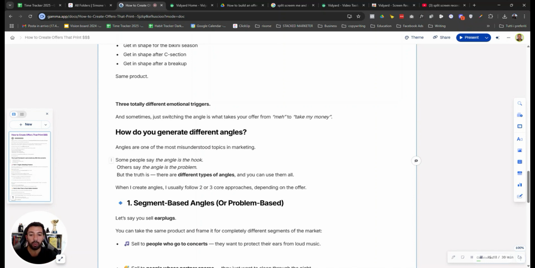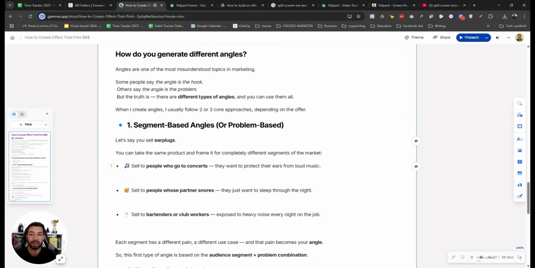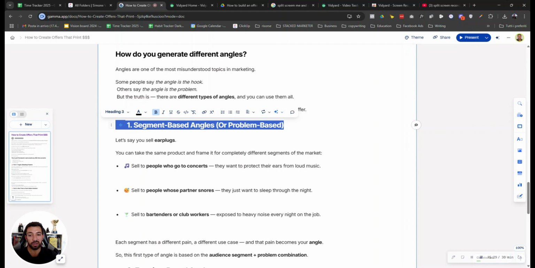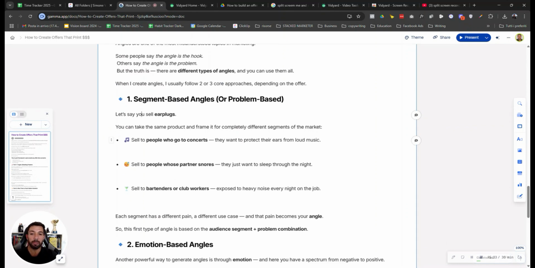I have basically two approaches. One is segment or problem based, and the second is emotion based. So let's say you sell earplugs. Let's talk about the first process. If you sell earplugs, you can take the same product and frame it for completely different segments of the market. For instance, you can sell it to people who go to concerts and want to protect their ears from loud music.